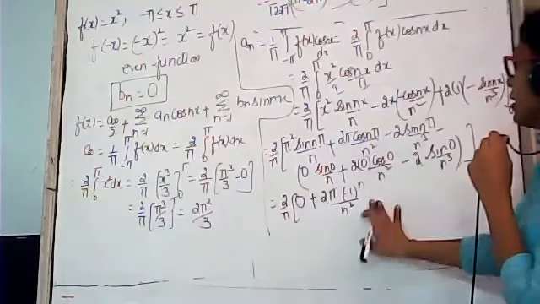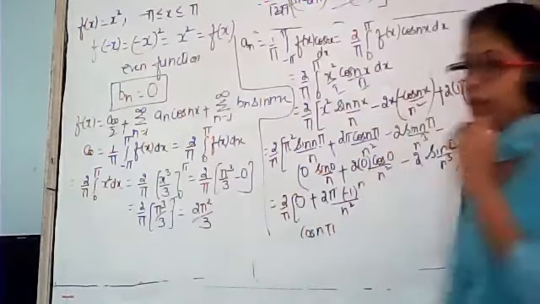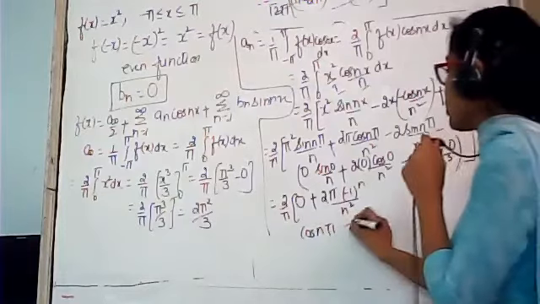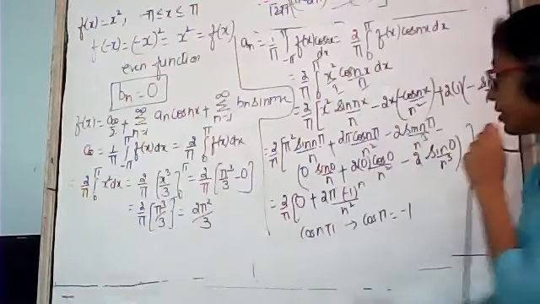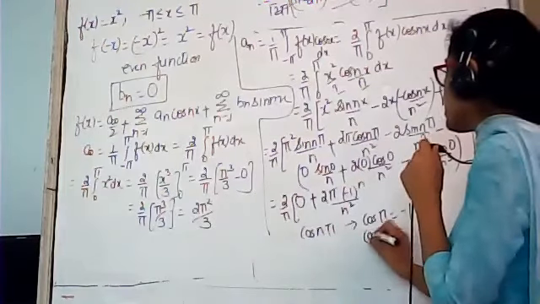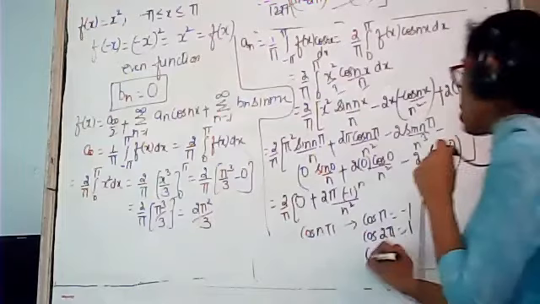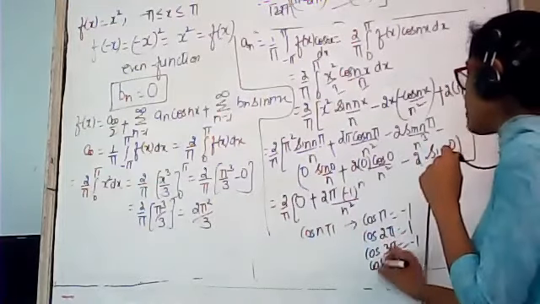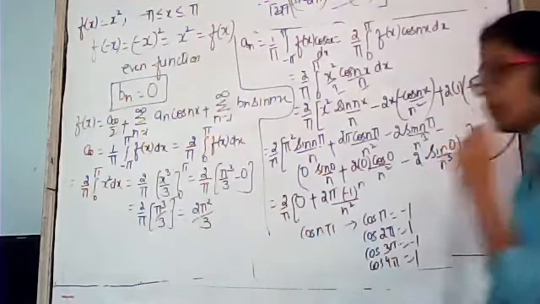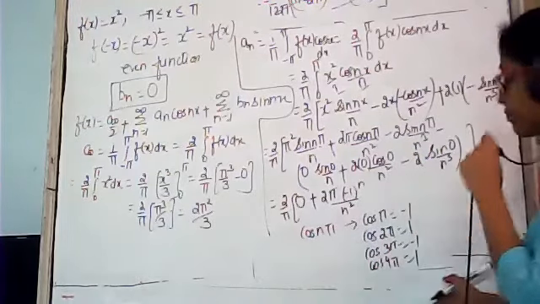Look, what did we have? Cos n pi. When you put n equal to 1, what will you get? Cos pi. Cos pi is minus 1. When we put n equal to 2, it will be cos 2 pi. It will be plus 1. Cos 3 pi will again be minus 1. Cos 4 pi will again be plus 1 and so on. Plus 1, minus 1, plus 1, minus 1. It will continue like this.